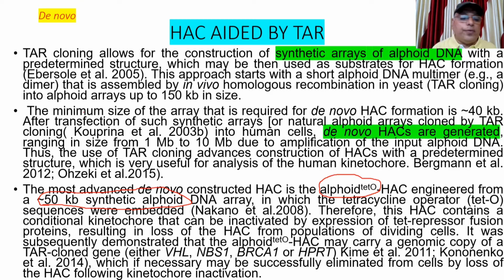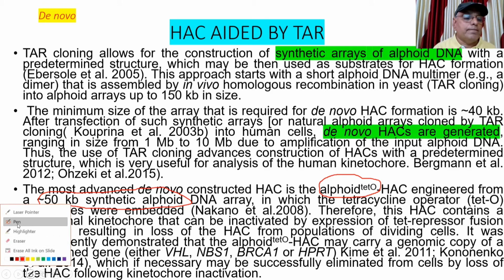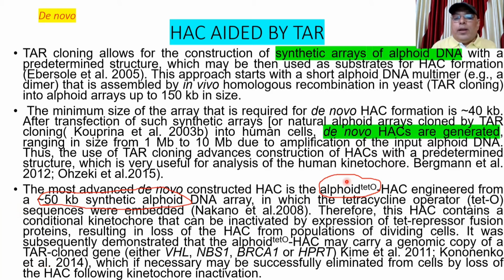Alpha TET-O is a construct, a human artificial chromosome. TET-O acts under the influence of the tetracycline operator, so it is called TET-O. It was developed in 2008. First, we introduce the 50 kb synthetic alpha satellite, and then other components are introduced.